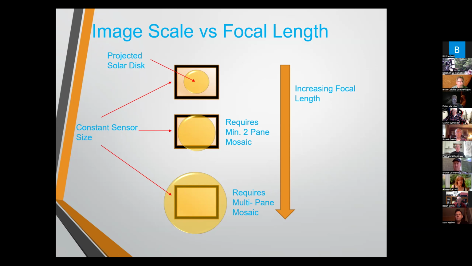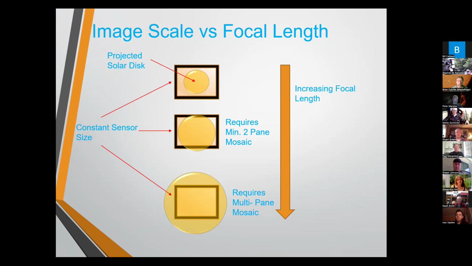And generally, if you take the focal length of a scope and divide by 100, you get more or less the diameter of the solar disk as projected on the sensor. So that gives you an idea, depending on the scope that you're using and the focal length of the scope, that includes any Barlows and so forth.